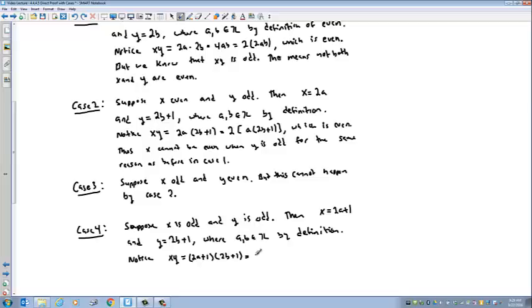Well, if you multiply this out, you're going to get 4ab plus 2a plus 2b plus 1, which equals, we can factor out a 2 from the beginning, and get 2(2ab plus a plus b) and then plus 1. And this is clearly not even, but odd.